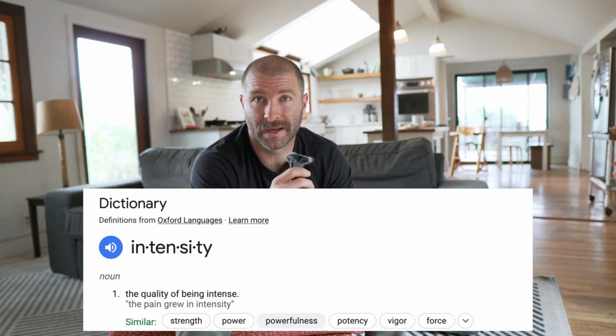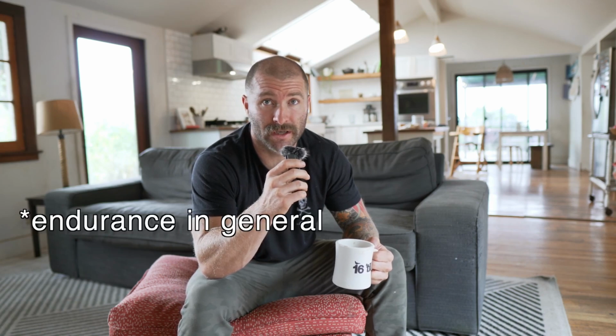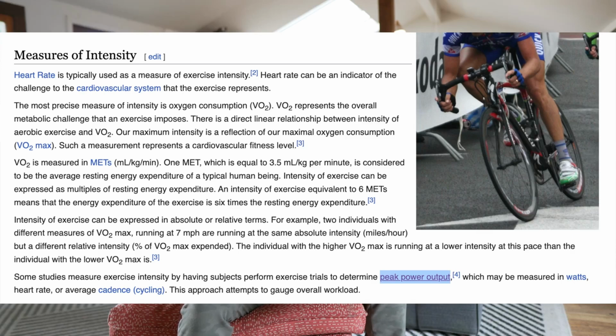So in the definition of CrossFit, it says constantly varied functional movements executed at high intensity. That high intensity is talking about the movement's ability to produce power. Now, there are other definitions of intensity. If you look up intensity in the dictionary, it's going to say something different. If you're talking about intensity with regards to exercise science and running, as Mr. Hinshaw talks about, there is a 6 to 9 minute window where you gain adaptation with regards to VO2 max.